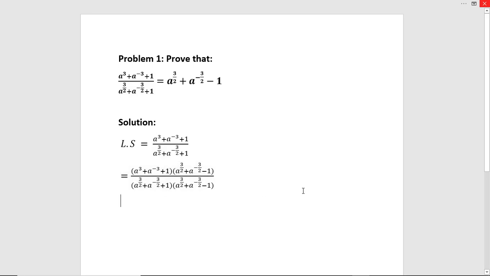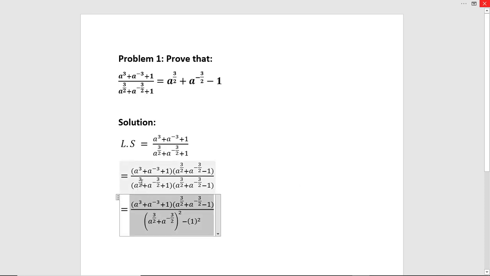So then look at the numerator, a to the power 3, denominator, a to the power 3 by 2 plus a to the power minus 3 by 2 plus 1, and here the expression is the same but minus 1 is here. So we can apply a plus b into a minus b, where a is a to the power 3 by 2 plus a to the power minus 3 by 2, and 1 is b.